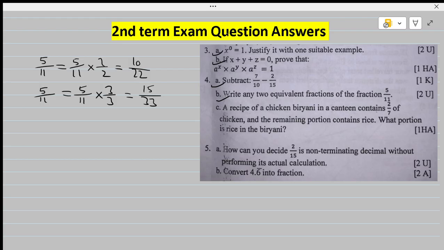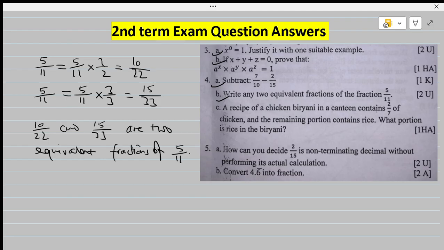So 10 by 22 and 15 by 33, these are two equivalent fractions of 5 by 11. And you can conclude that 10 by 22 and 15 by 33 are two equivalent fractions of 5 divided by 11.